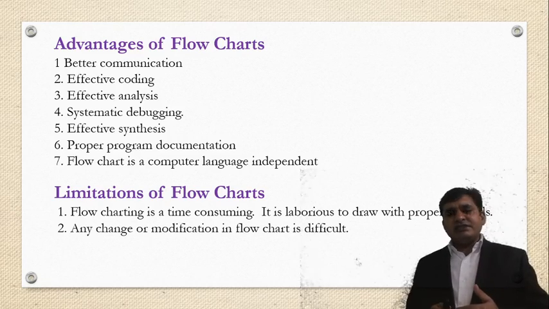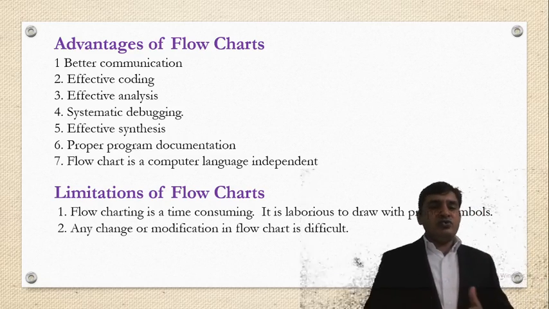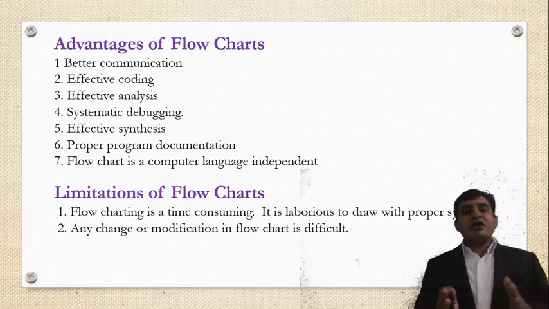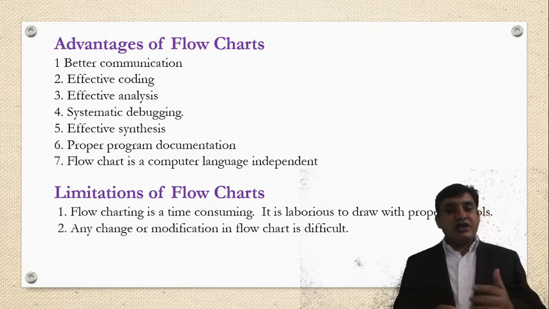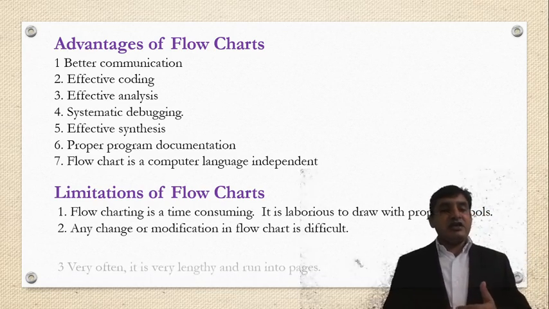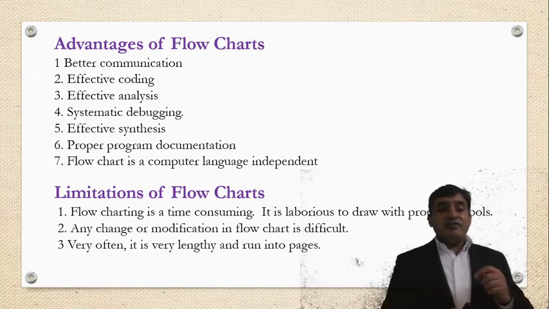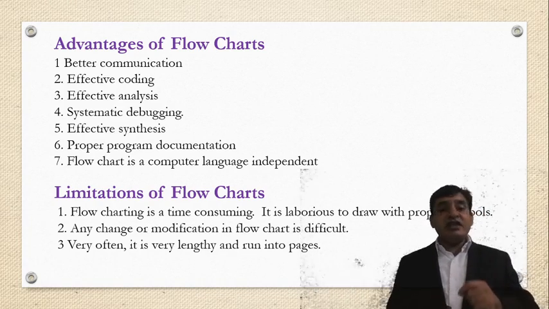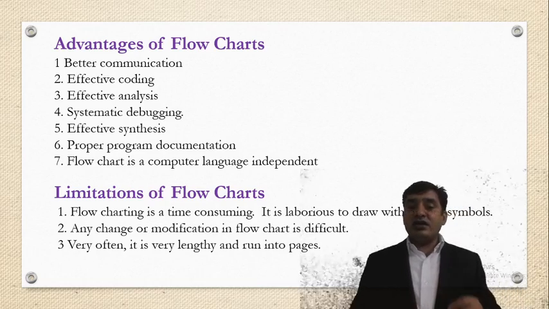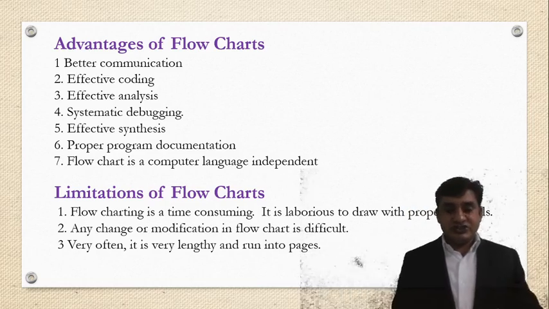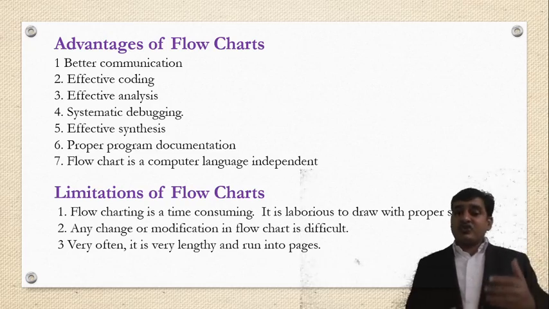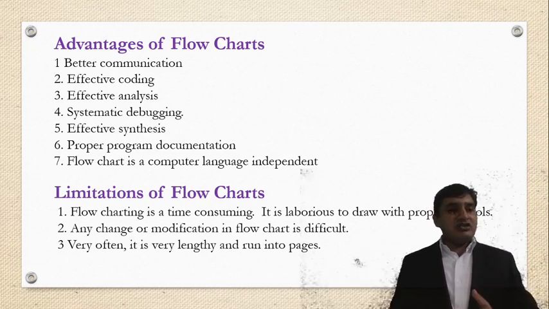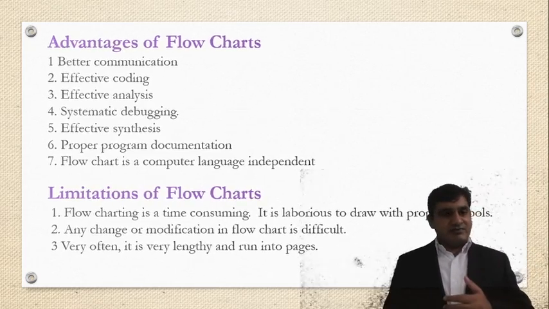So if there is any change or we have to modify some part of a flowchart, then it is very difficult. Next, very often it is very lengthy and runs into pages. So these are the three limitations of a flowchart.